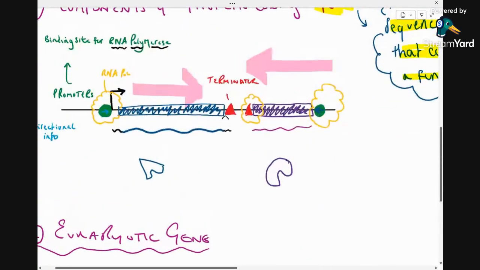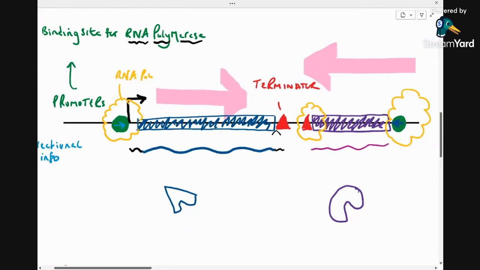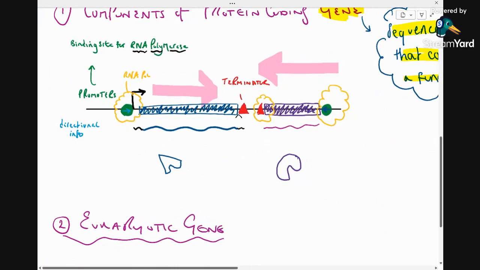Unlike how I've shown up there, where the gene is a continuous string of coding sequence, in eukaryotes, this sequence is actually interrupted. Bits of DNA that do not code for the protein, shown in blue here, actually insert themselves within the coding sequence.